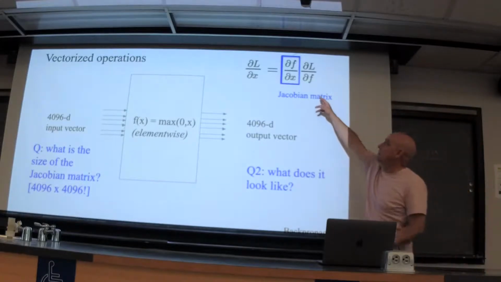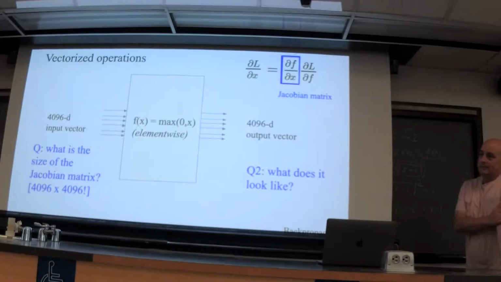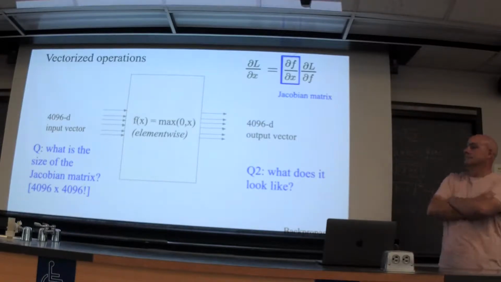If this is a column vector, what should it be? Basically, should the f's be in the numerator or in the denominator? They're tricky questions.